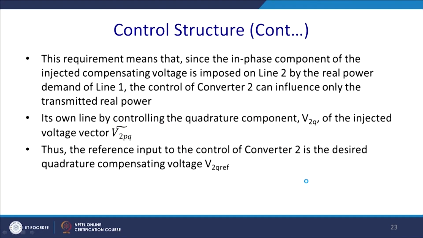Since the in-phase component of the injected compensation voltage is imposed on line 2 by the real power demand of line 1, the control of converter 2 can influence only the transmitted real power on its own line by controlling the quadrature component V2Q of the injected voltage vector V2PQ. Thus, the reference input of the control of converter 2 is the desired quadrature compensating voltage V2Q ref.